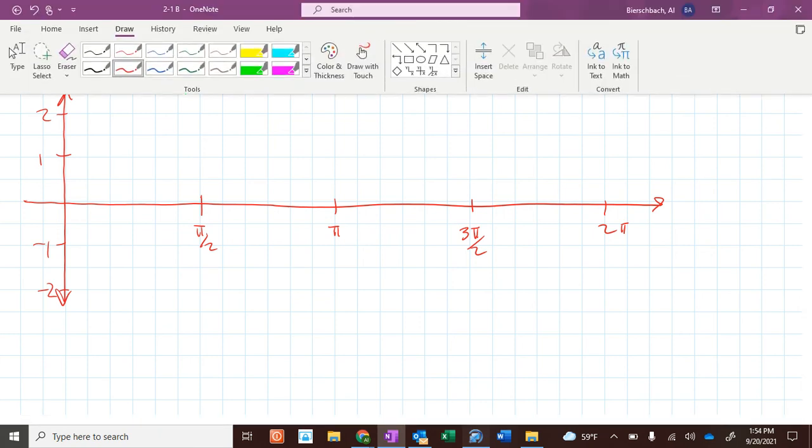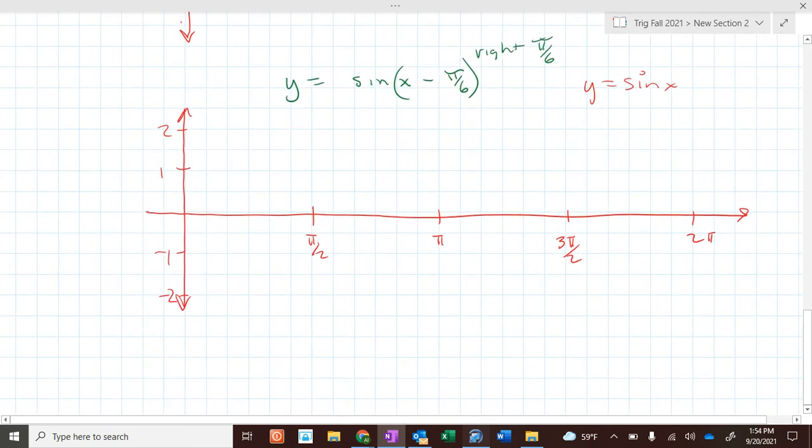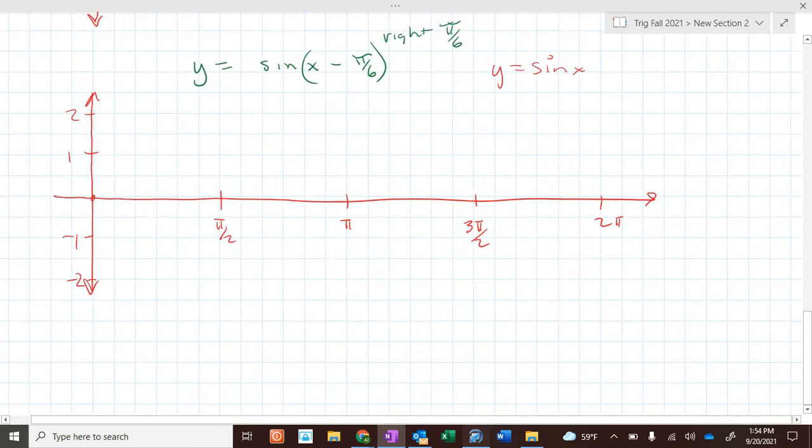All right, so I'm going to graph the normal sine curve, y equals the sine of x, because if you start with y equals sine of x, you have a point to go from. So the sine curve goes 0, 1, 0, -1, 0. Okay? To the right, pi over 6.